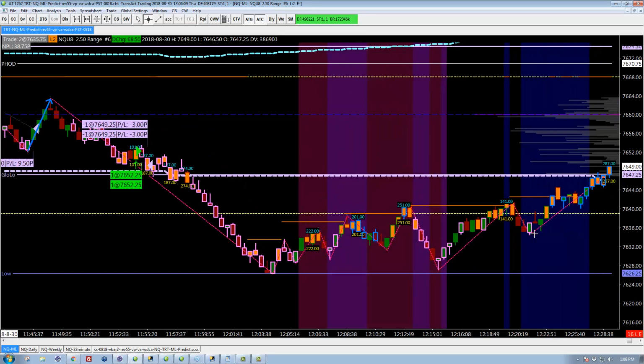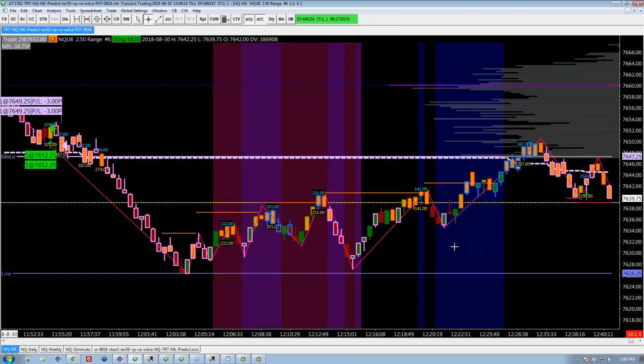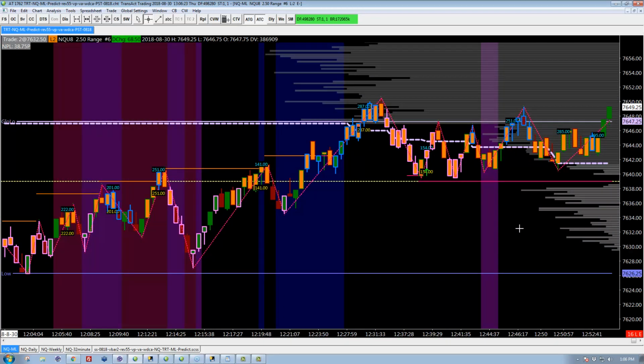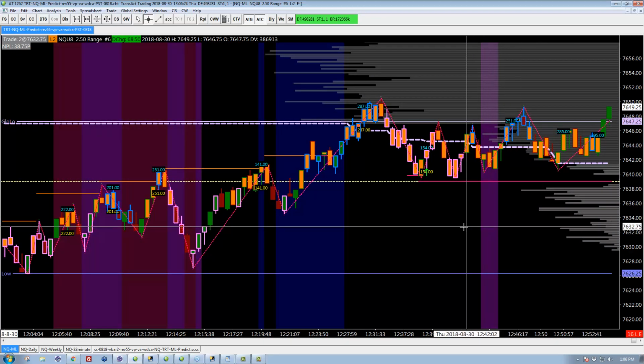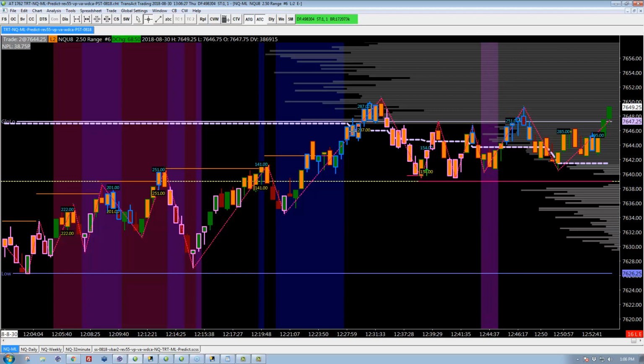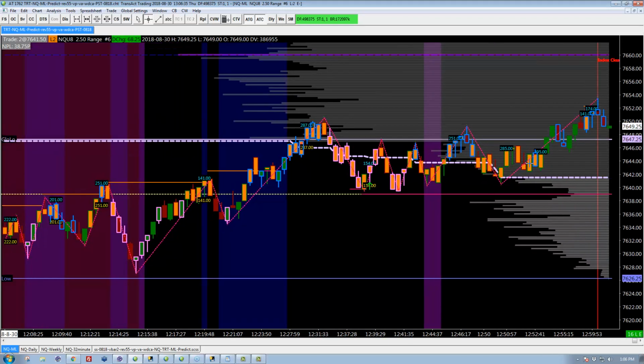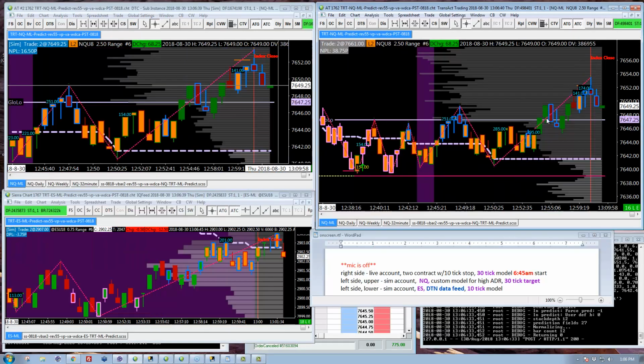We get into some choppy stuff, stay away. We're going to stop here at 1240-ish. You're at a place where something could happen, the value area low, but no decent signals there, so no trades.